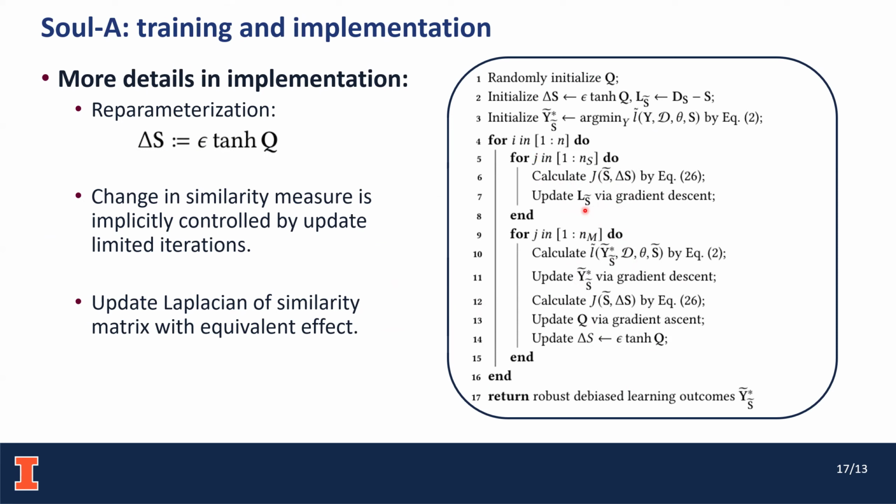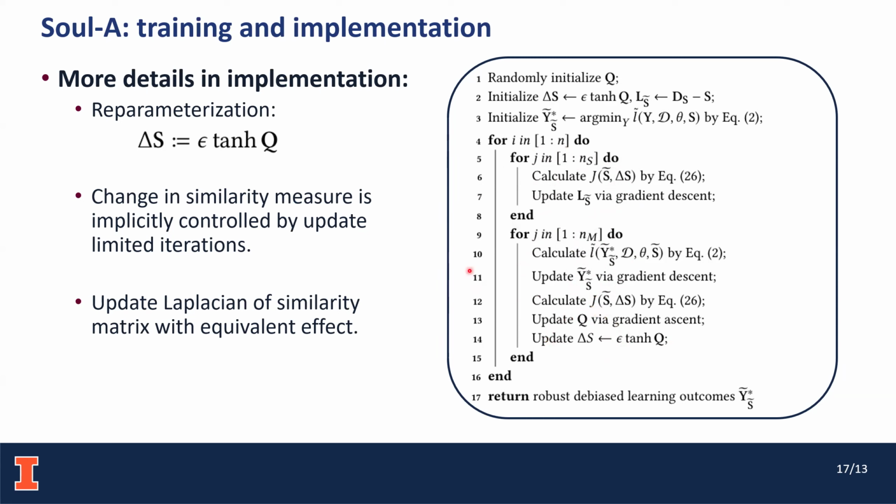In each round, we first update the Laplacian of the similarity matrix, as updating the Laplacian has the same effect as updating the original similarity matrix. In the second step, we update the output of the informal algorithm, which is the Y star here, and also find the worst perturbation that will lead to the largest approximate distortion, which is the delta S here.